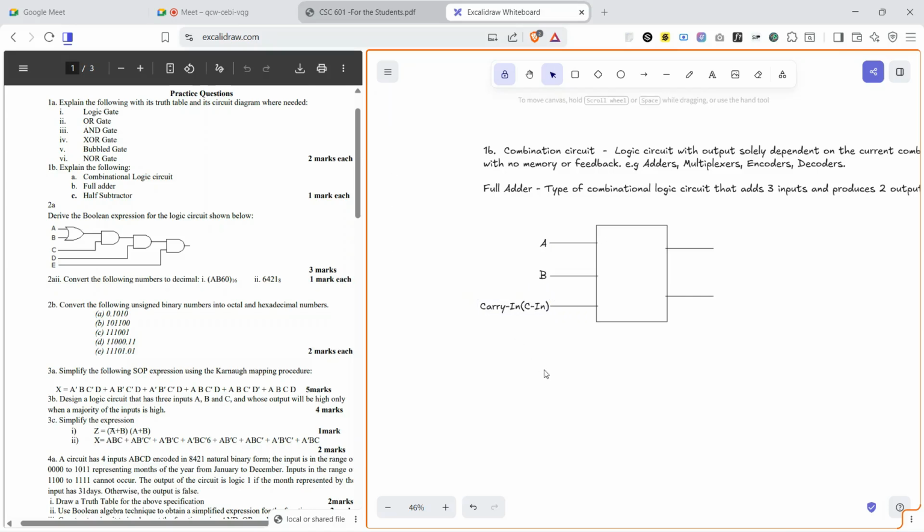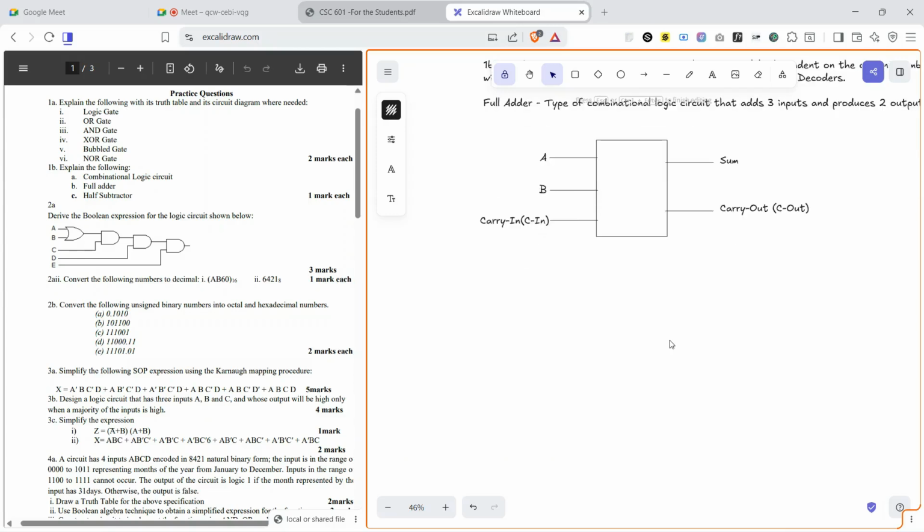So these are the inputs. And on the output side, it gives out sum and carry out, so that's just a C out. So that's for the full adder.